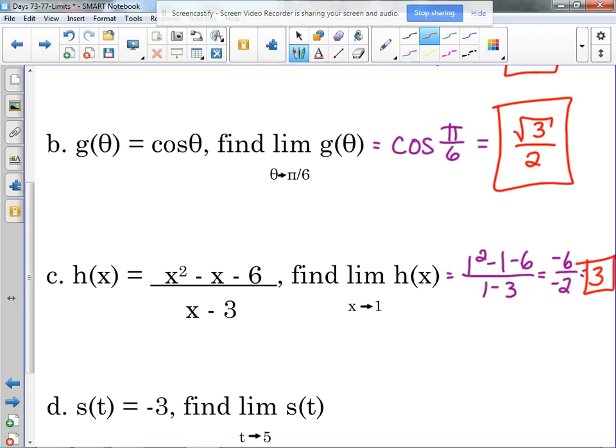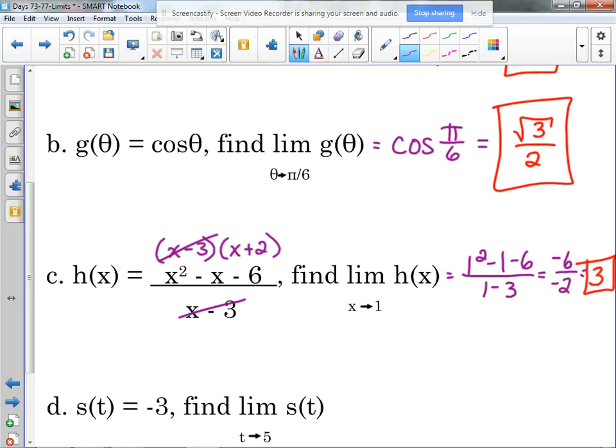Now, could we have simplified that rational expression right there? Yes. Okay, we could factor x minus 3, x plus 2. So the x minus 3's cancel. So really, our function is just x plus 2, except it has what going on? What happens when we cancel that x minus 3?